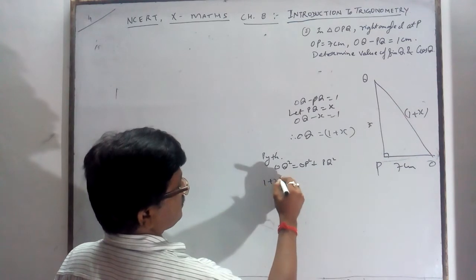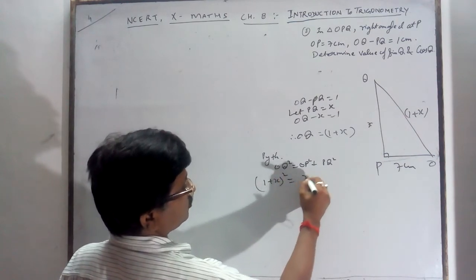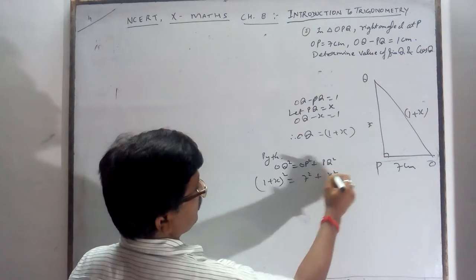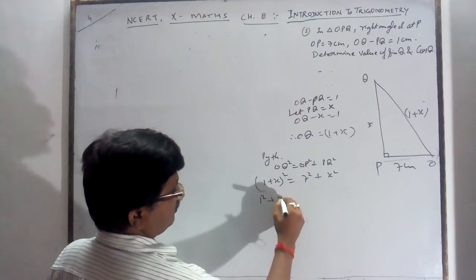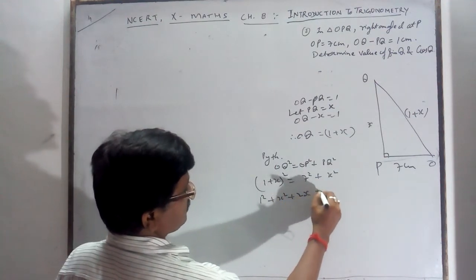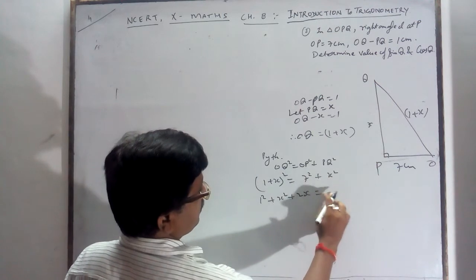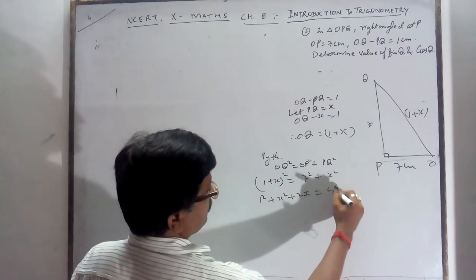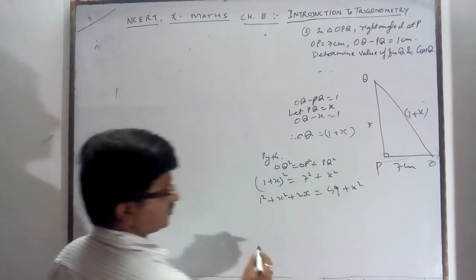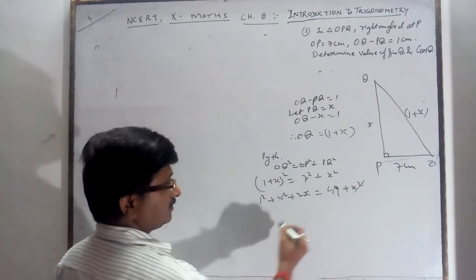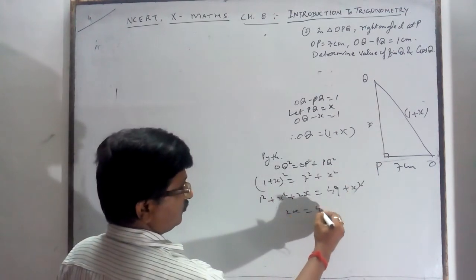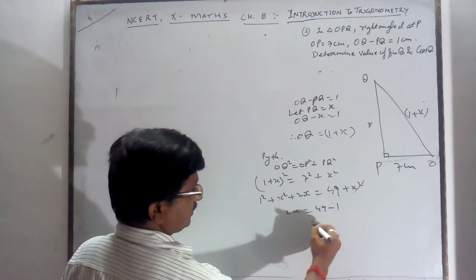So 1 plus X whole square is equal to 7 square plus X square. Applying the (a plus b) whole square formula, 1 square plus X square plus 2X is equal to 49 plus X square. X square cancels on both sides, so 2X is equal to 49 minus 1, that is 48.